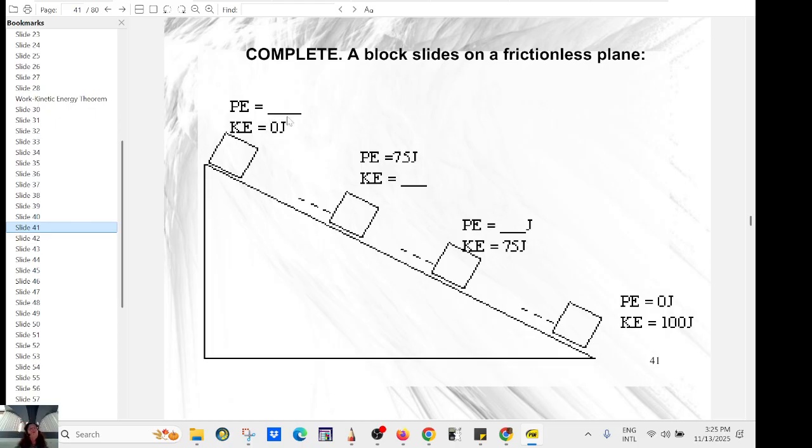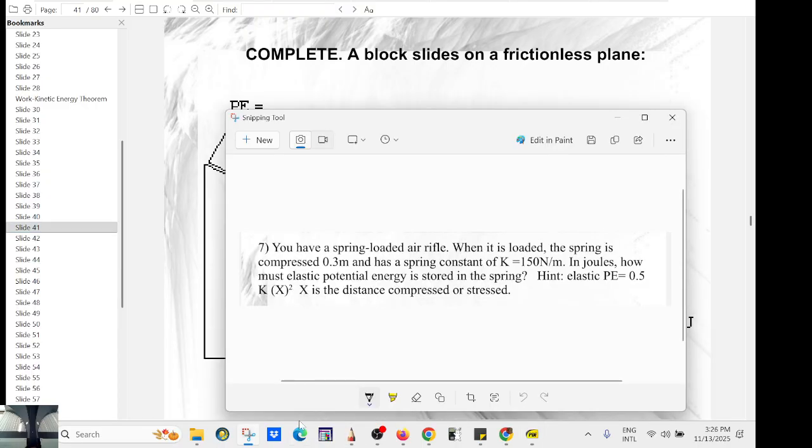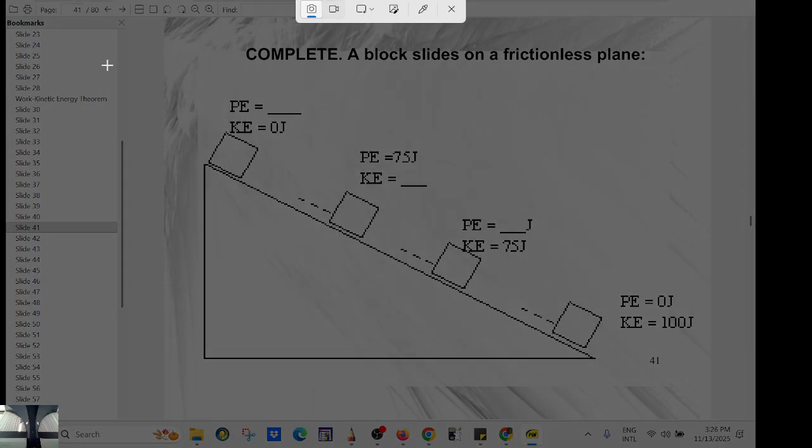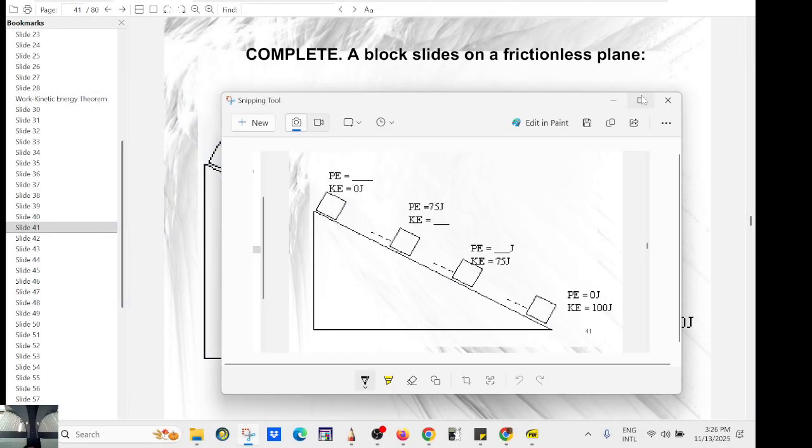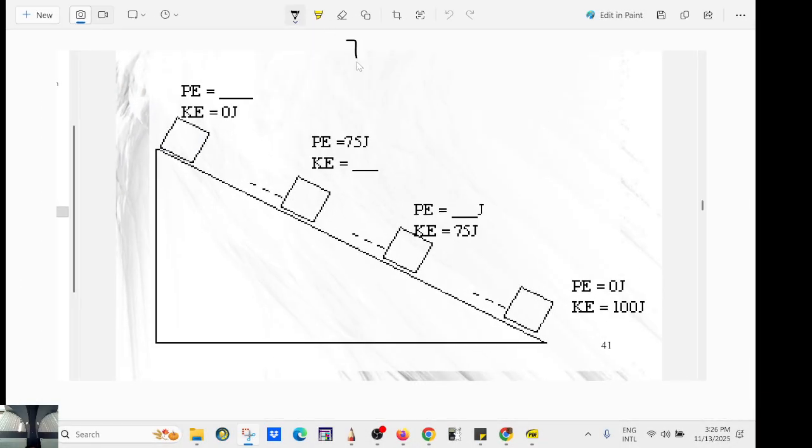You can have everything in potential, which is 100 joules, everything in kinetic, which is 100 joules, or if you have 75 potential, how much kinetic do you have? 25, right? And then 75 kinetic, here you're going to have 25.